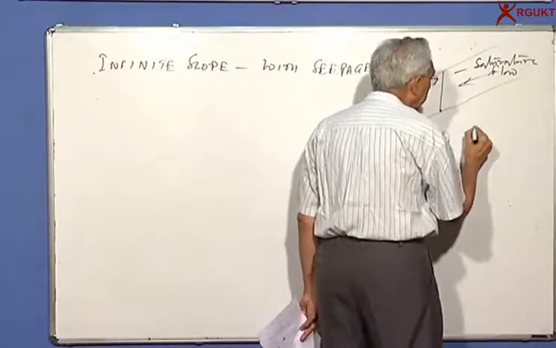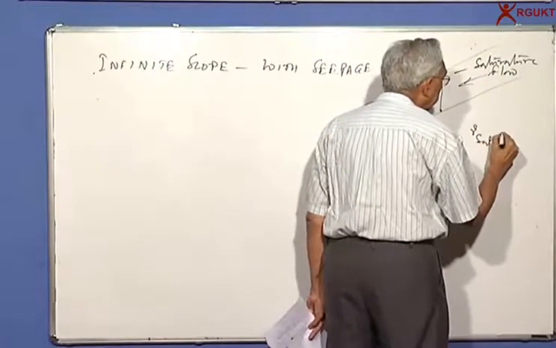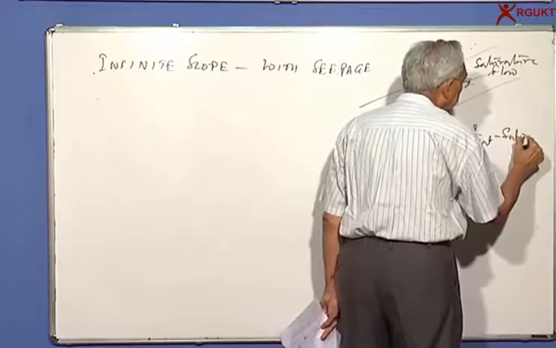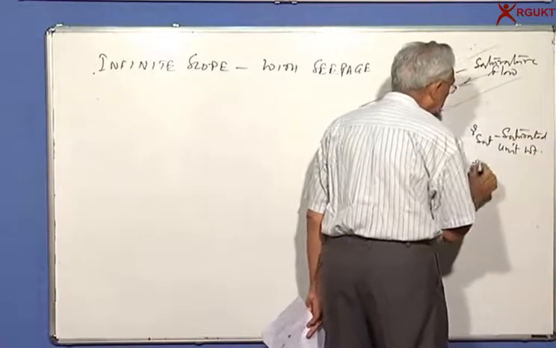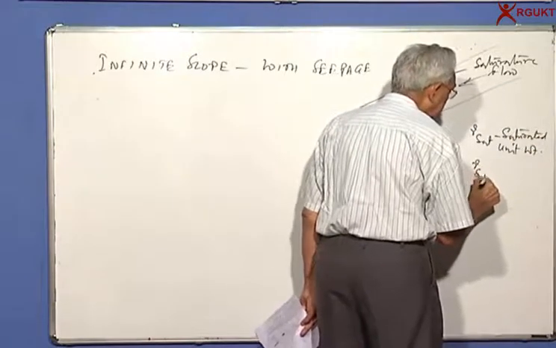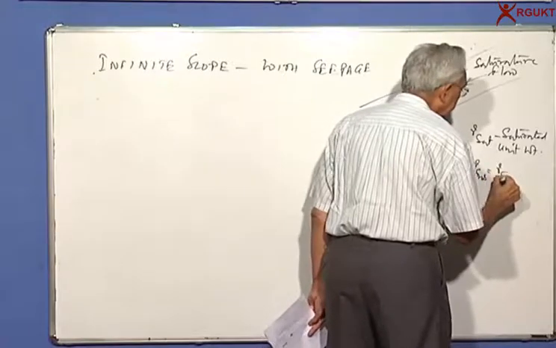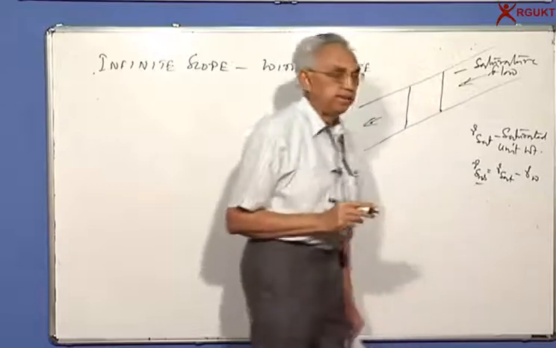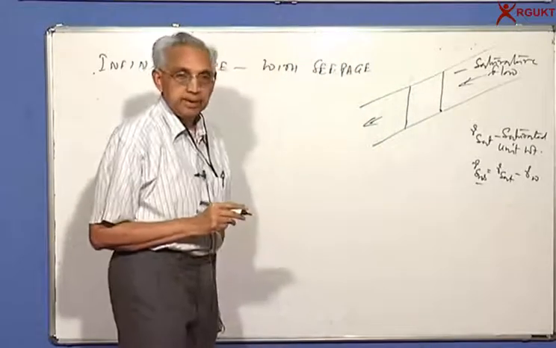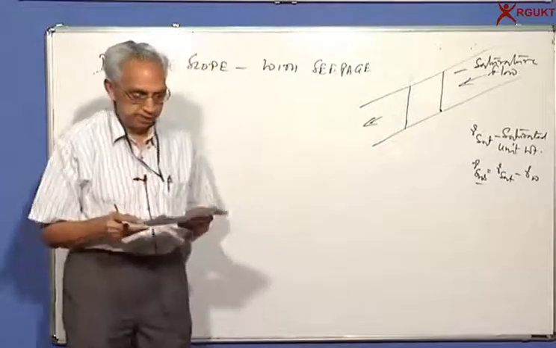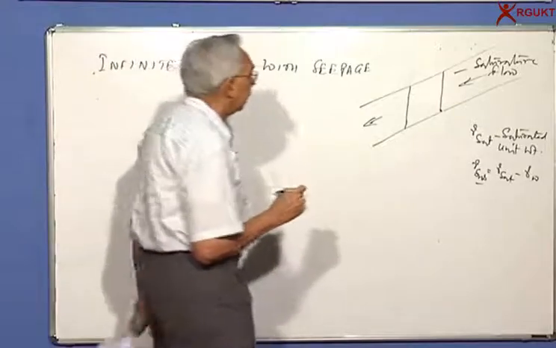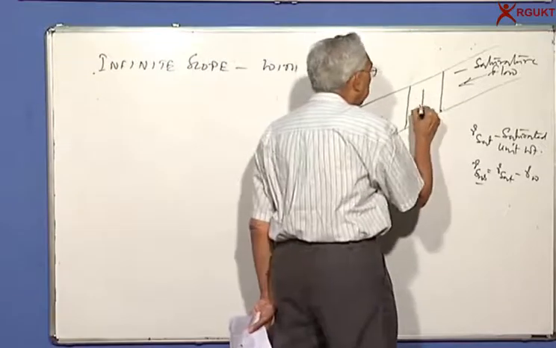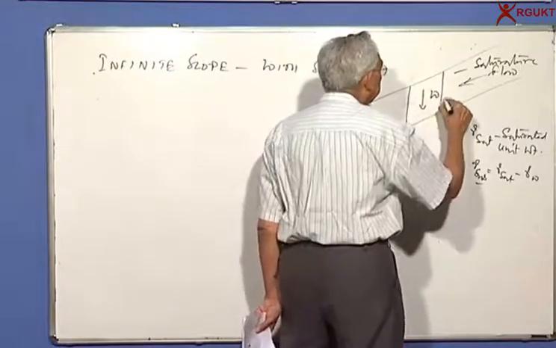So gamma saturated gives me the saturated unit weight, and gamma buoyant or gamma submerged, gamma saturated minus gamma W, will give me the buoyant unit weight or the effective unit weight. If I do that, again we go back to our forces.